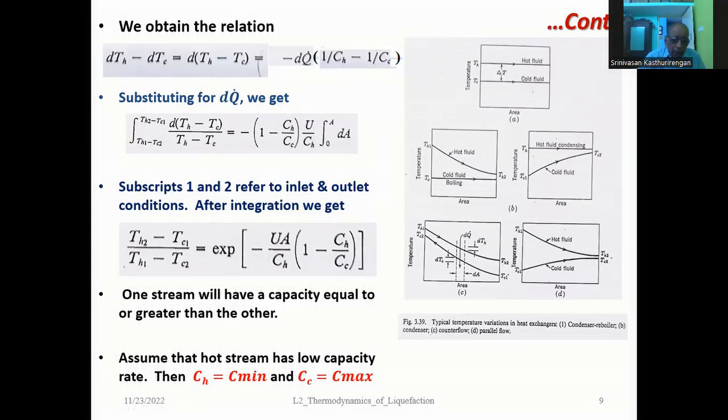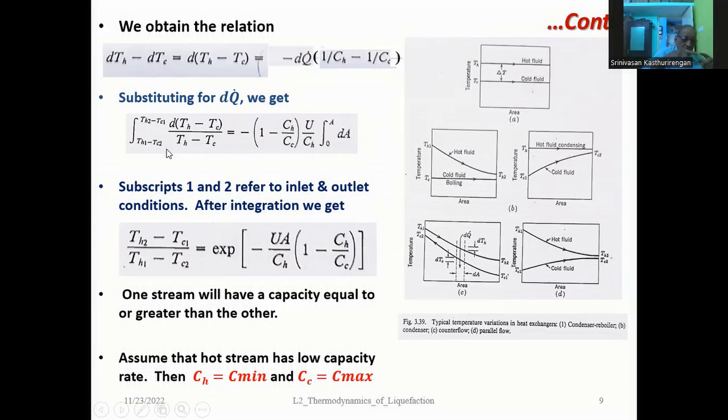Now this can be integrated, so that you can get the value of Th minus Tc. It can be integrated from the temperature difference at the left end to the temperature difference at the right end. And the temperature difference at the left end will be Th1 minus Tc2.